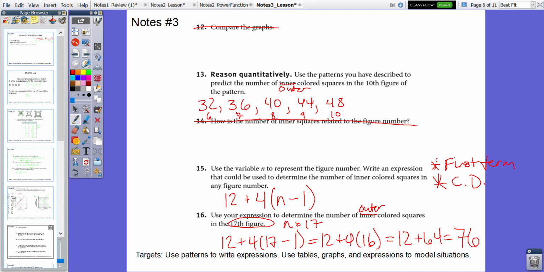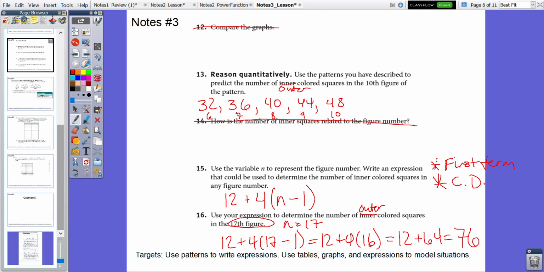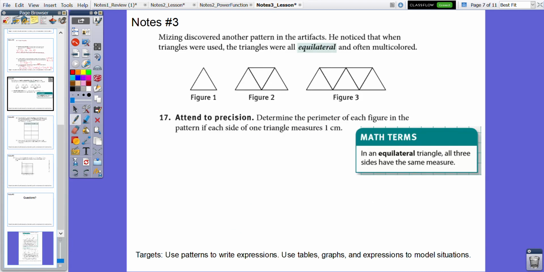Moving on. Let's talk about something else. Meising discovered another pattern in the artifacts. He noticed that when triangles were used, the triangles were all equilateral and often multicolored. If you look down right here, it says in an equilateral triangle, all three sides have the same measure.